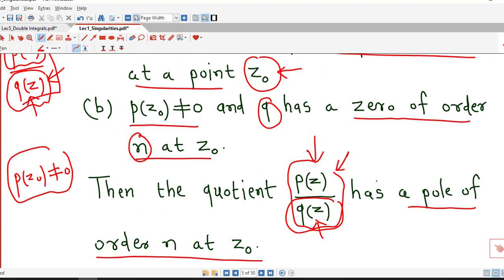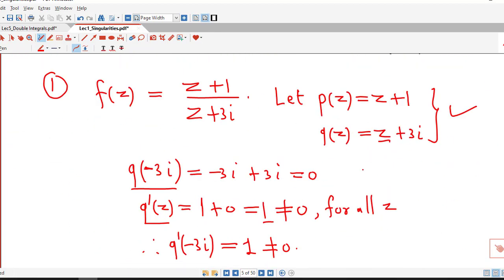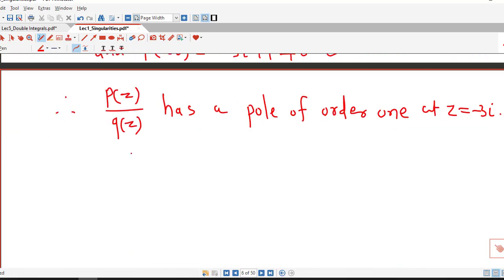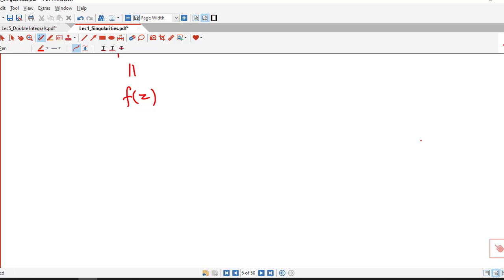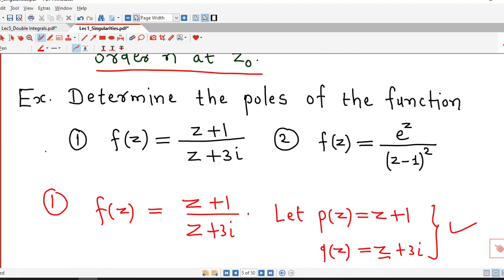Okay, so in this way we can decide. Now p of z upon q of z is nothing but f of z. So we write f of z has a pole of order 1 at z equal to minus 3i.